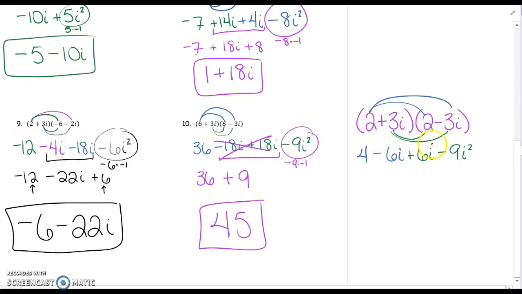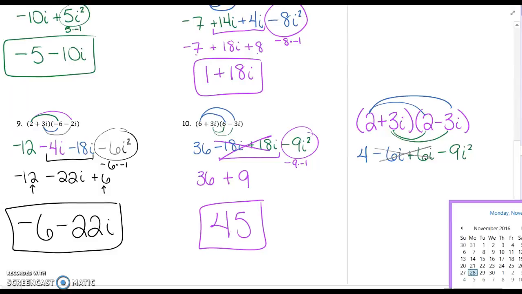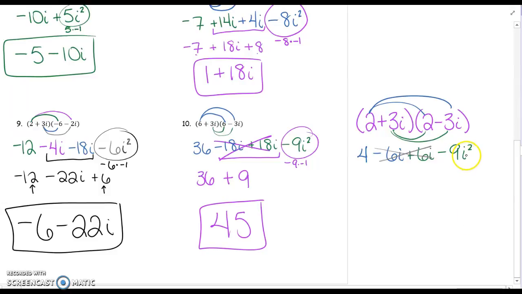Negative 6i and positive 6i cancel each other out. And negative 9i squared, remember that i squared equals negative 1. So this is negative 9 times negative 1, which is positive 9. So 4 plus 9 is 13.